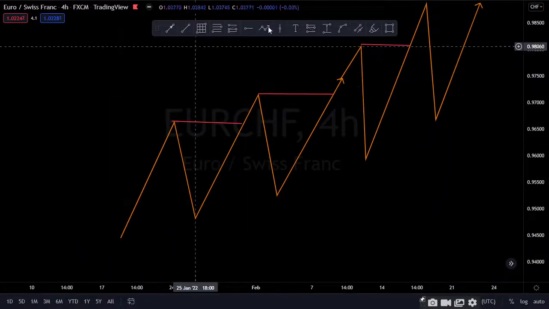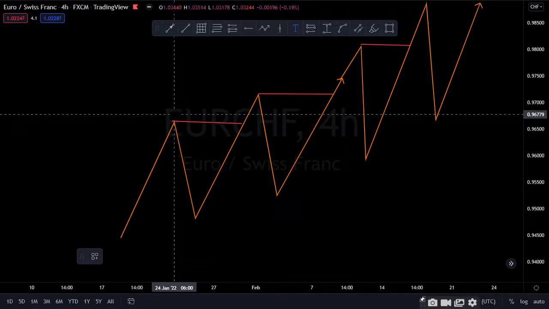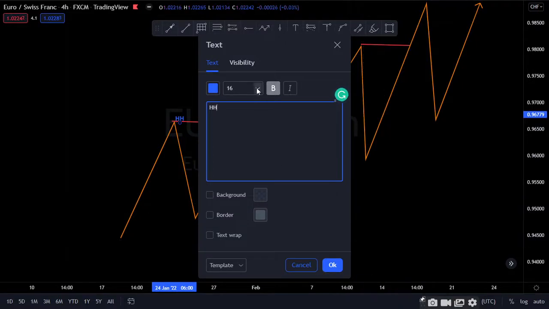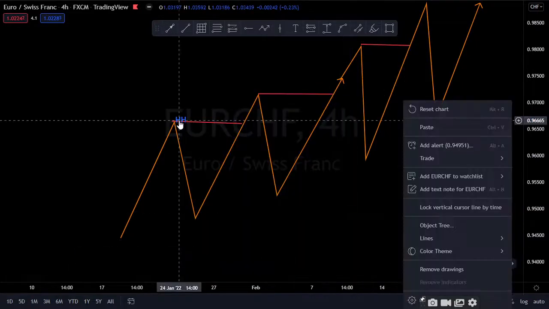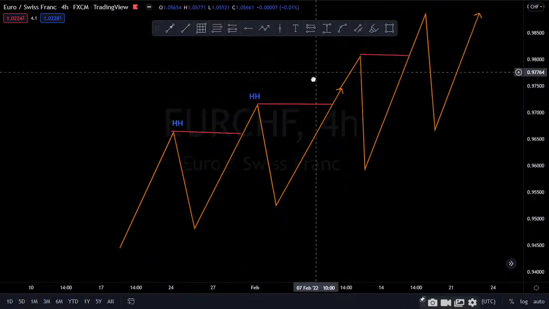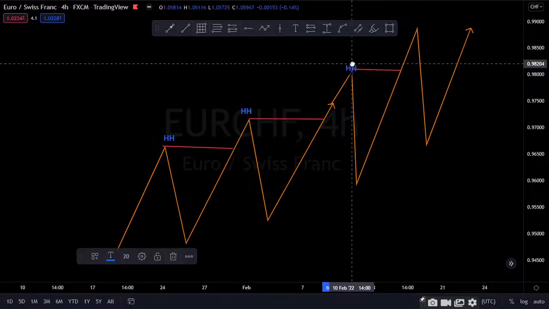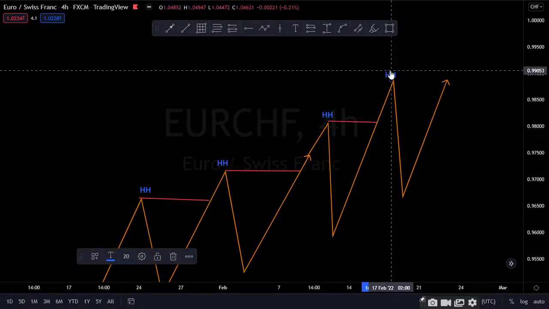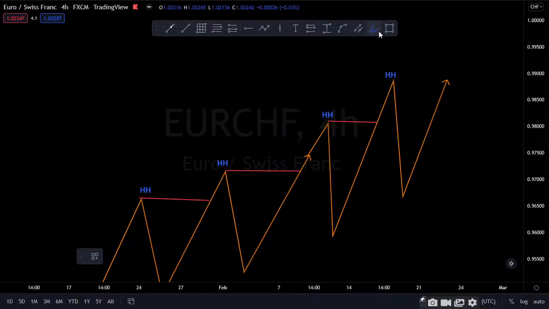Good. These areas we call higher highs. Why do we call them higher highs?